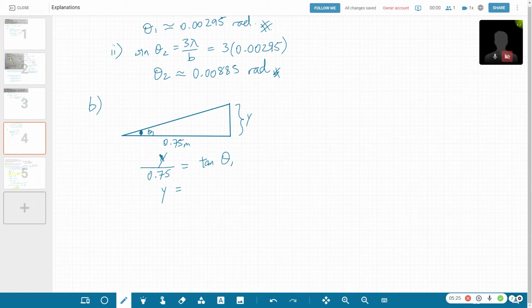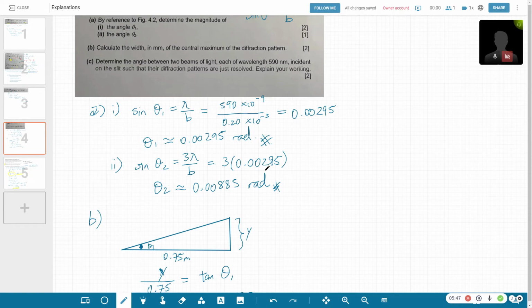So you multiply by 0.75, and you get around 0.0022125 meters. The width should be twice of it, times 2, so you will get 0.00443 meters for 3 SF.